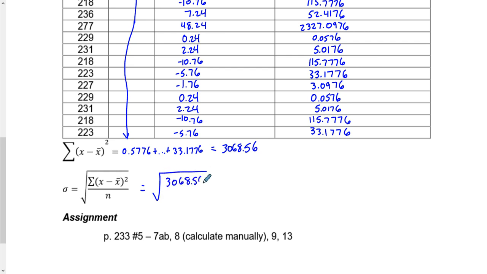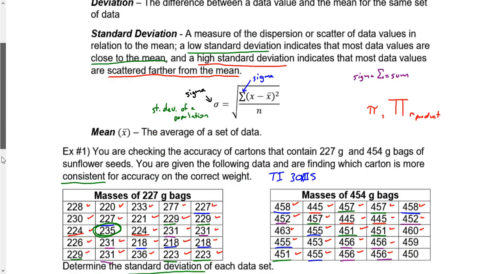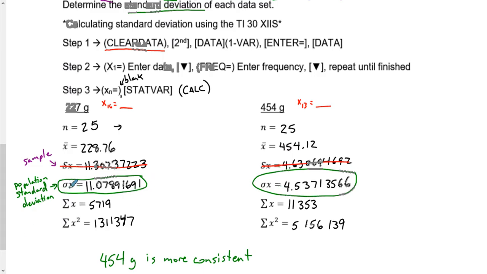3068.56, divided by the fact that there's 25 data values. So I just have to type all that in my calculator. There you go, 3068.56, divided by 25, taking the square root of it, and I get 11.078911691, which looks eerily similar to the exact same number that we got.